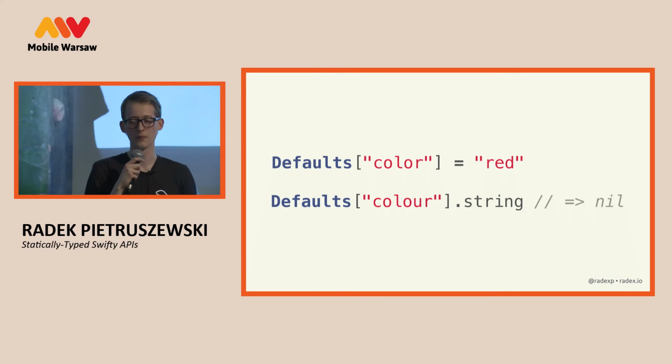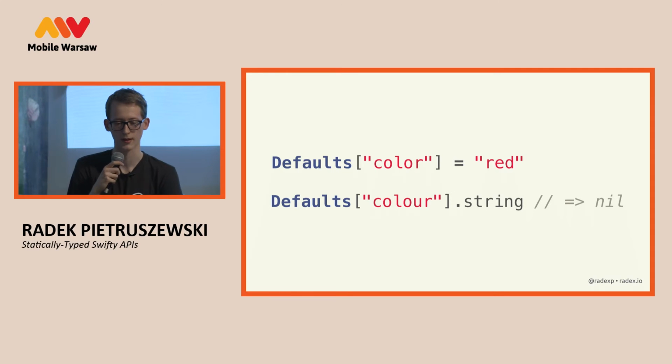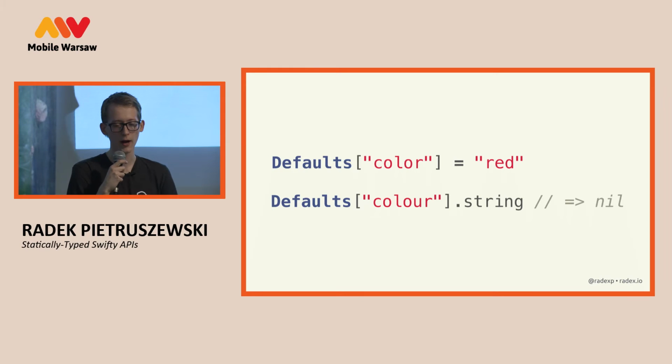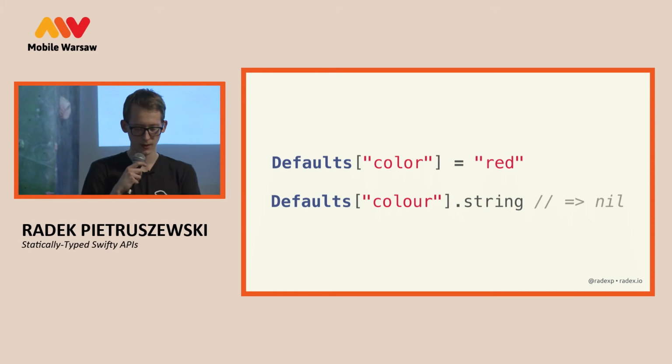You would have a bug. And okay, whatever. Like if you make a typo in a variable name in Swift, it will be caught by the compiler. So maybe it would be great if I could have that. And also, why do I have to type .string? This is kind of stupid.